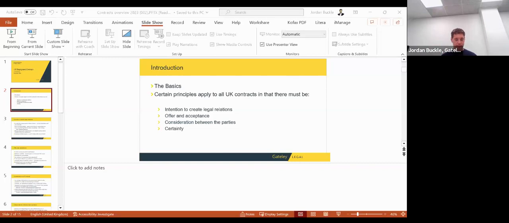We also get an implied term referred to as custom and practice. So there's a bonus scheme that is paid every year for every year that an employee's worked there, no discretion, no variation, and then one day an employer says we're going to change that.